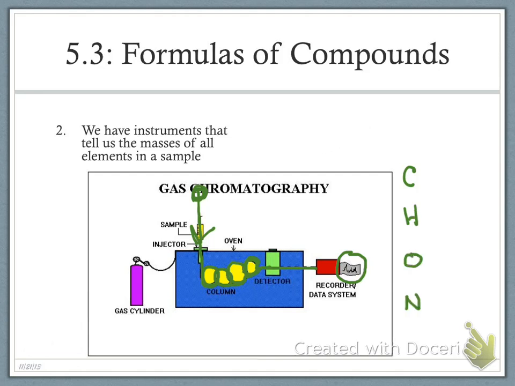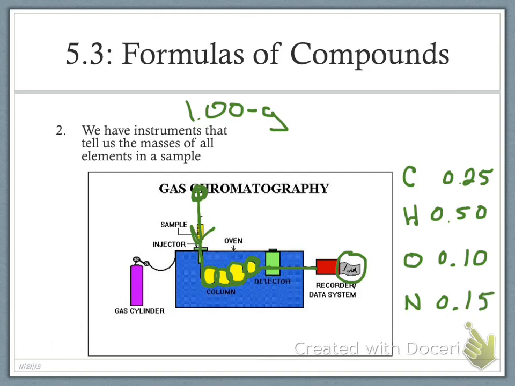So maybe you had 1 gram of material that you put into the detector, and the detector told you that we had some carbon, and the carbon was 0.25 grams, and then the hydrogen was 0.50 grams, the oxygen was 0.10 grams, and finally the nitrogen was 0.15 grams. So you would know the makeup of your original sample.